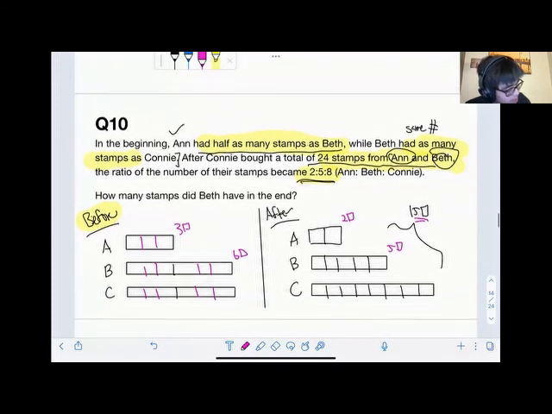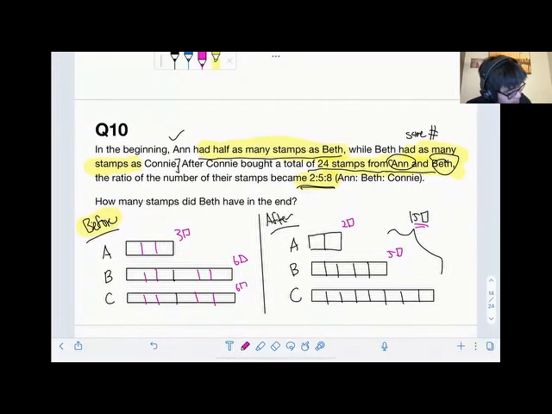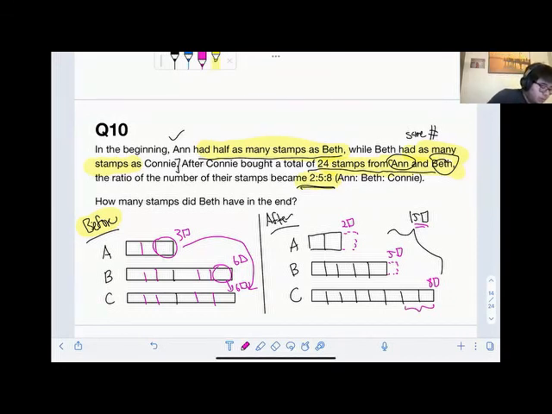At saka si Connie, dati ay 6 boxes, ngayon ay 8 boxes. No? So actually, kitang-kita, yung isang box ni Ann, pumunta kay Connie. Yung isang box ni Beth, pumunta rin kay Connie. Kaya, yung isang box ni Ann na wala, yung isang box ni Beth na wala, si Connie, dalawa yung bagong box niya nakuha.